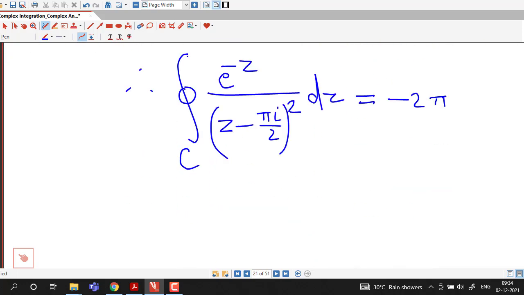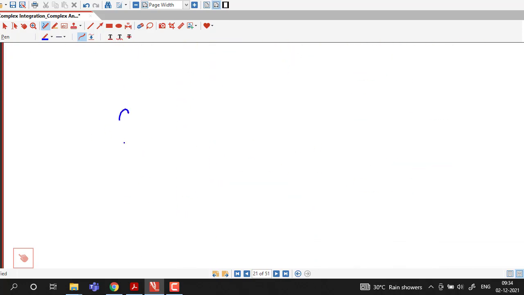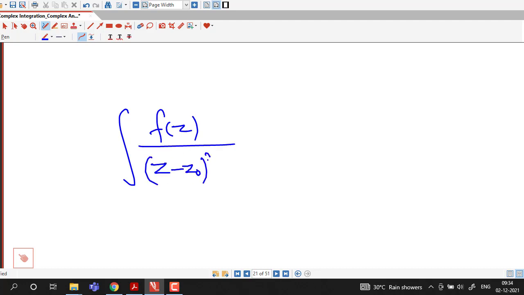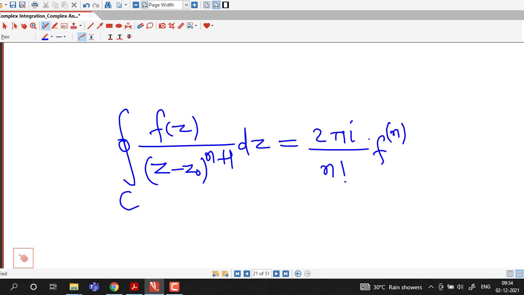So in all these problems we can remember this Cauchy integral formula: the integral of f of z over z minus z0 to the power n plus 1 dz along simple closed contour C is 2 pi i divided by n factorial times the nth derivative of f of z at point z0, and n can take values 0, 1, 2, 3 and so on.